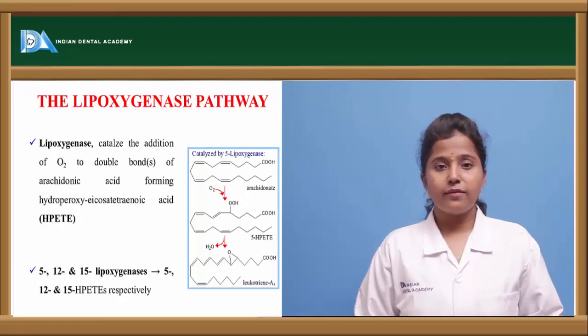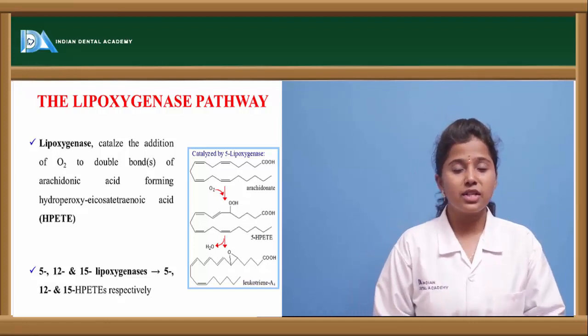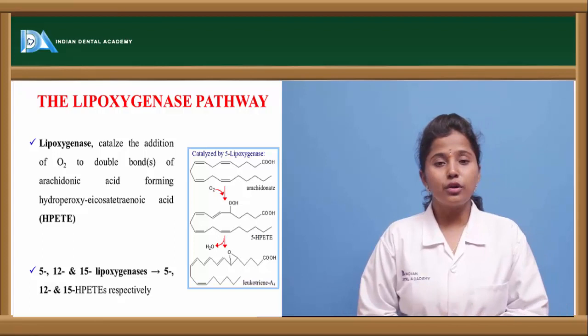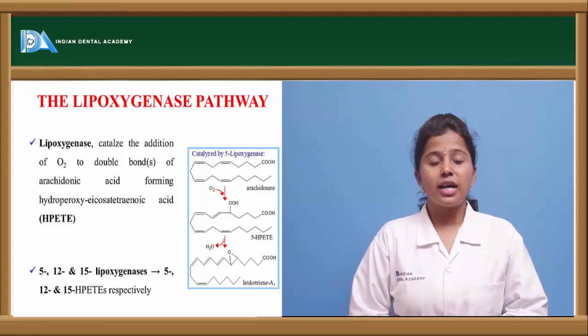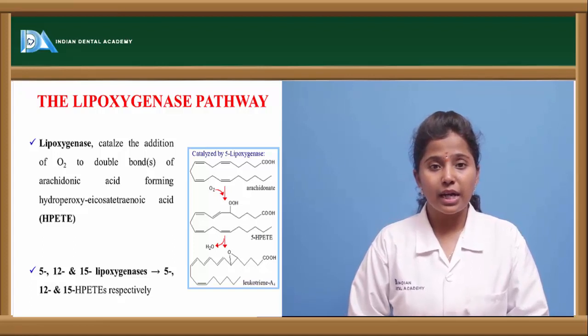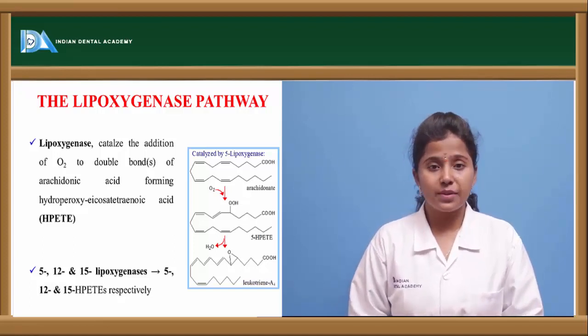Till now we have discussed the cyclooxygenase pathway in detail. Now let us see the lipoxygenase pathway. Leukotrienes are another class of eicosanoids which are synthesized from arachidonic acid by a pathway called the lipoxygenase pathway or LOX pathway.